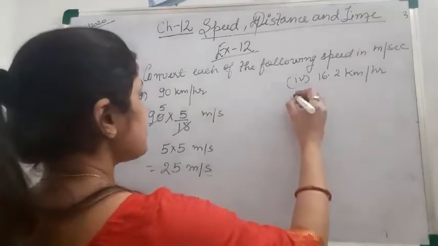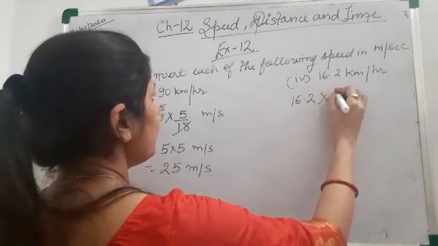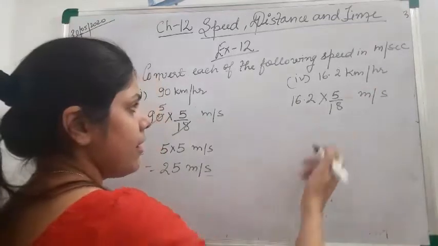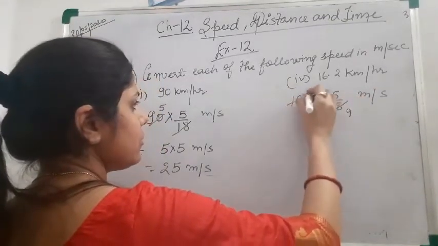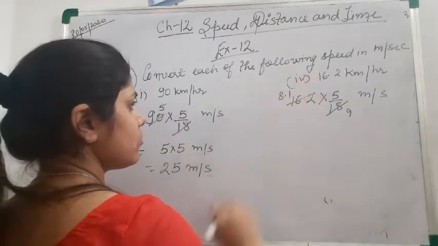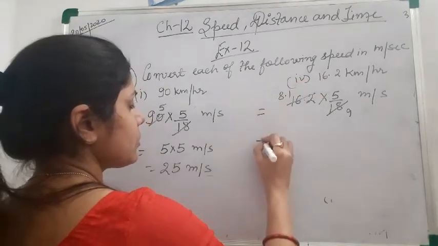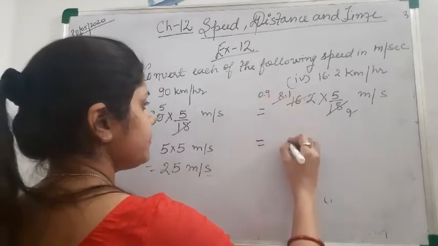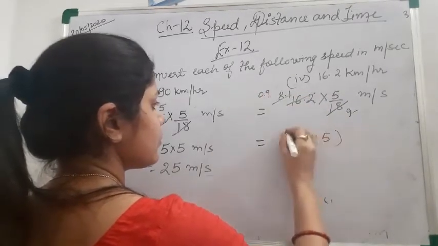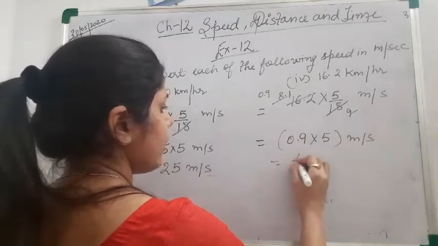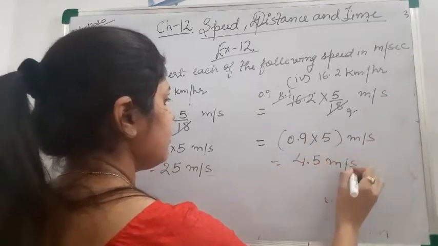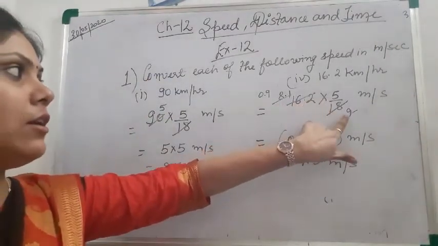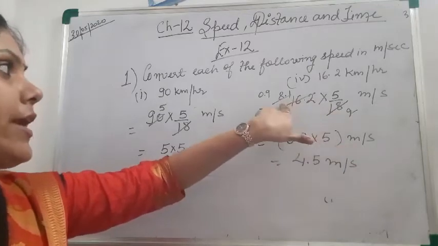Let us convert 16.2 into 5 upon 18 meter per second. When you solve this, 2 9s are 18, and when you cut this, it will come 0.9, so it will be 4.5 meter per second. Means 16.2 is there, so 5 upon 18, 2 9s are 18, 2 8s are 16, 8.1.